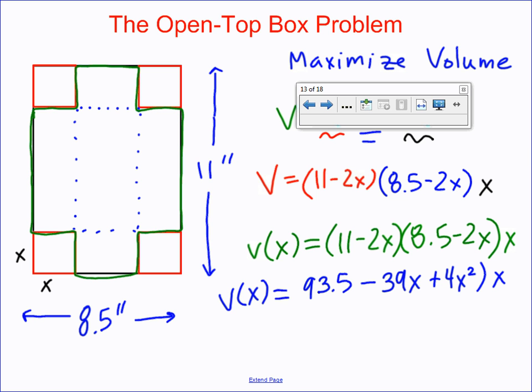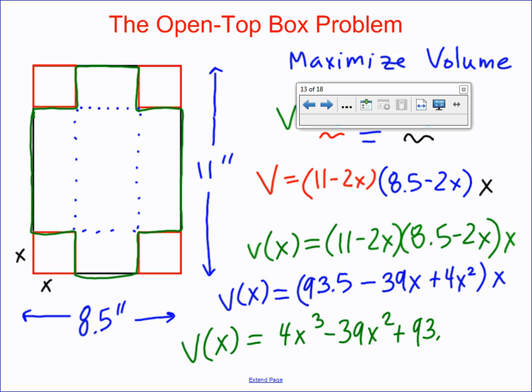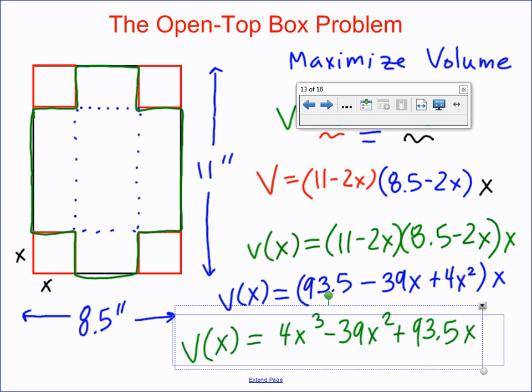And then times my x on the back side. So finally, looks like V of x equals 4x cubed minus 39x squared plus 93.5x. Did I do that right with the FOIL? Are you guys getting that? Yes! All right, let's go ahead and grab this bad boy and consider our domain.